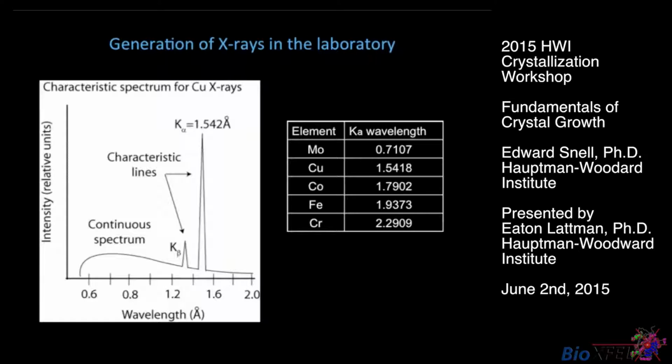This is a picture of copper, the spectrum, wavelength in angstroms. This is a peak line, the famous copper K alpha line. And there's a secondary one, copper K beta, and it was an object of concern when I was a student how one filtered out the K beta from the K alpha.